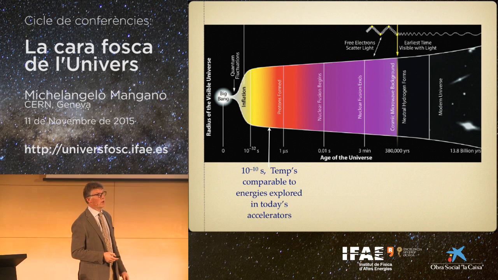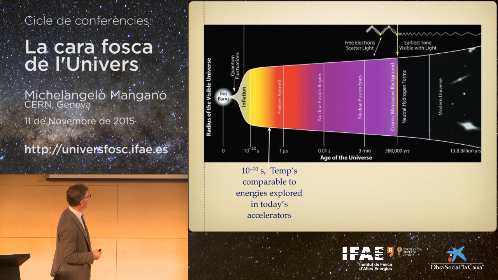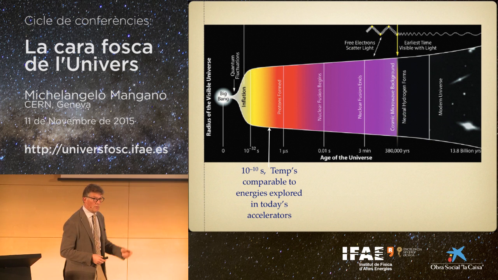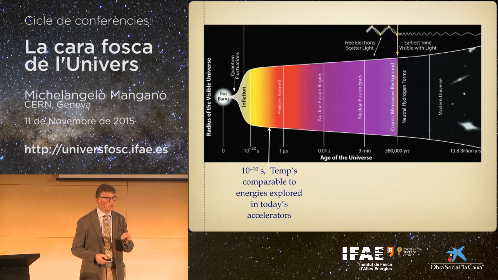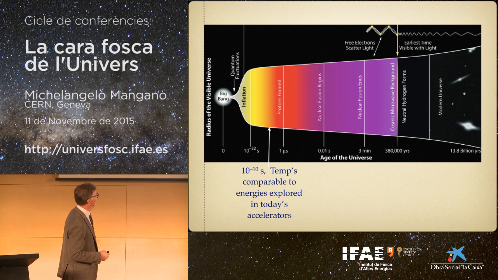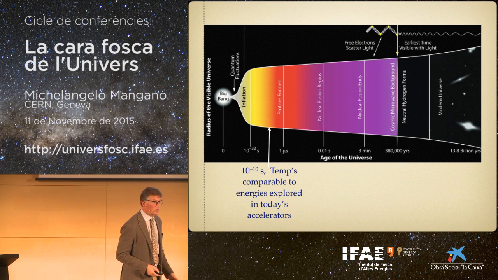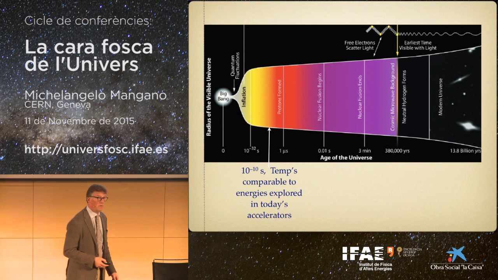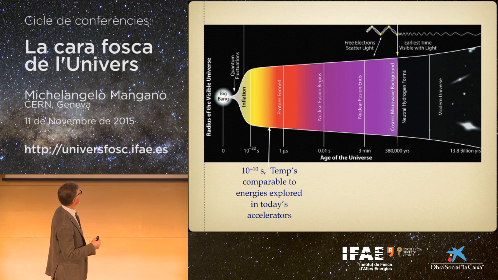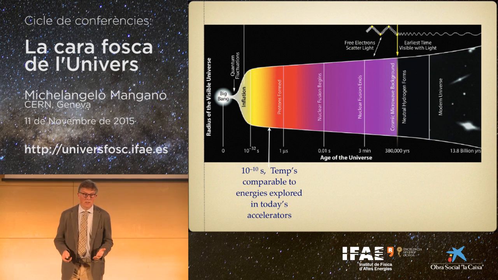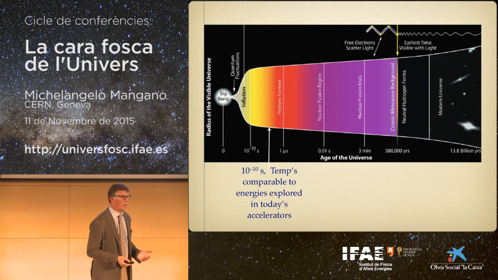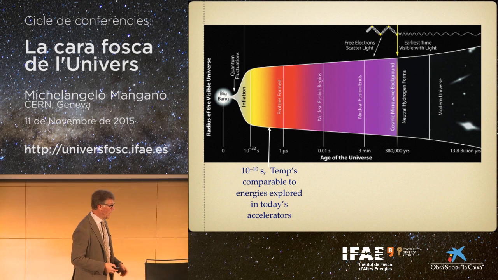So 1/10 of a billionth of a second, because at that time, the temperatures and therefore the energies of the particles moving around were comparable to the energies that we can explore today in our laboratories, like at CERN. So the physics that took place after 10 to the minus 10 seconds is something that's been tested and known, and that we can rely upon to extrapolate back.